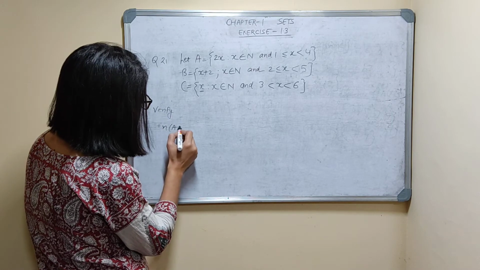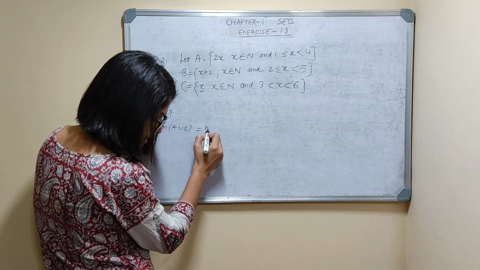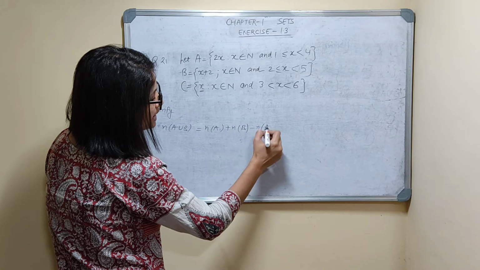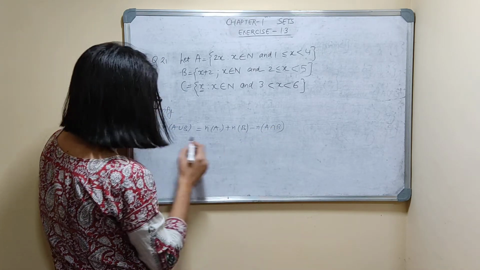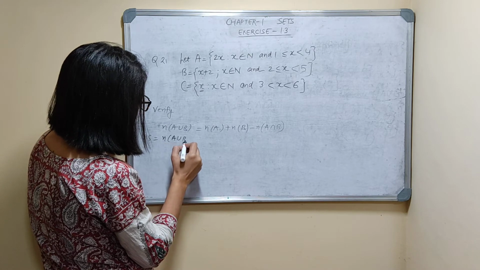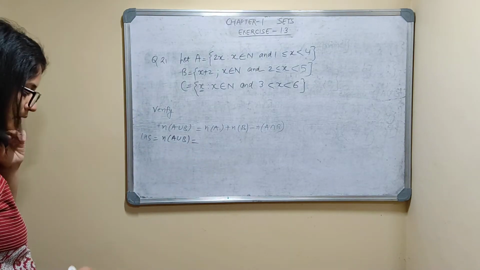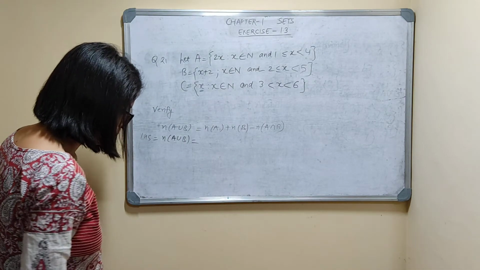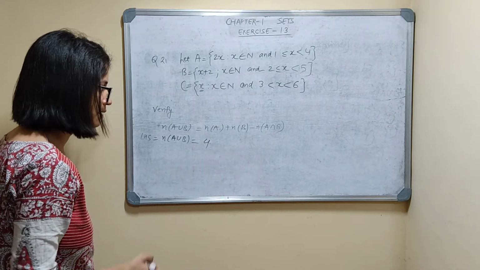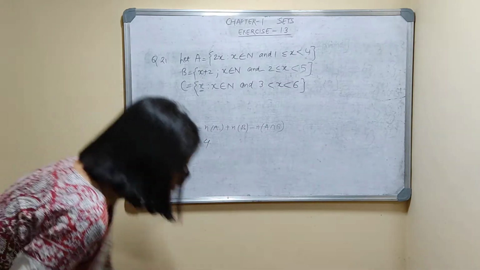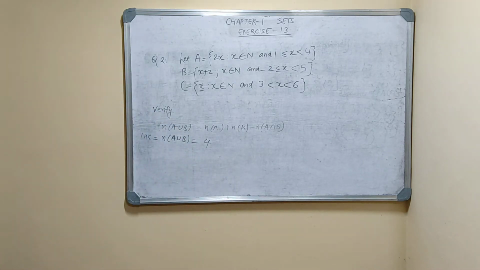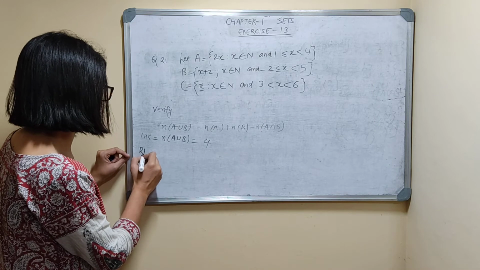N of A union B is equal to N(A) plus N(B) minus N of A intersection B. So first LHS you have to take, that is N of A union B. How many elements are there in A union B? 4 elements. You can see because we have already found A union B: 2, 4, 5 and 6.